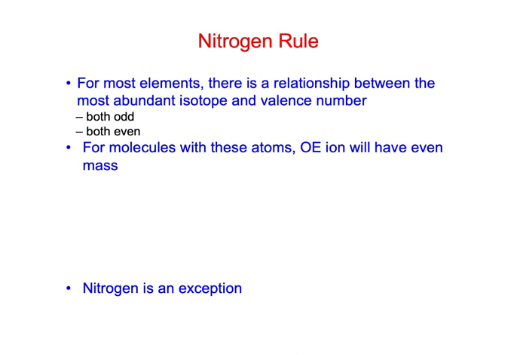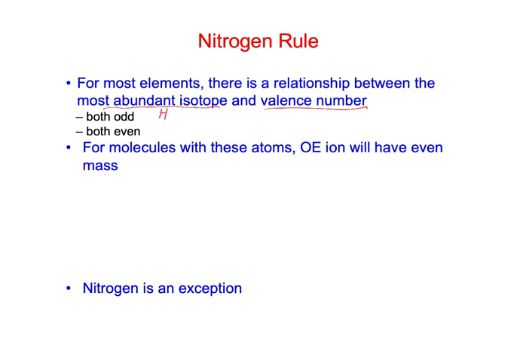Now, for most elements, there's a relationship between the most abundant isotope and the valence number, so how many bonds it can make. For example, they're either both odd or both even. So odd are things like hydrogen, right?